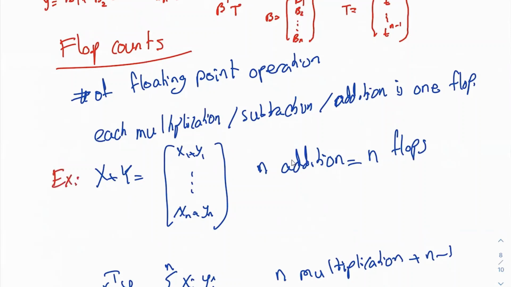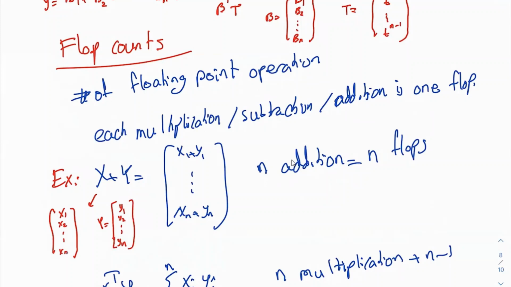Example, x plus y, right? x is an n-dimensional vector, y is an n-dimensional vector, right? It's good to define x like this, x1, x2, all the way to xn, y to be y1, y2, all the way to yn.